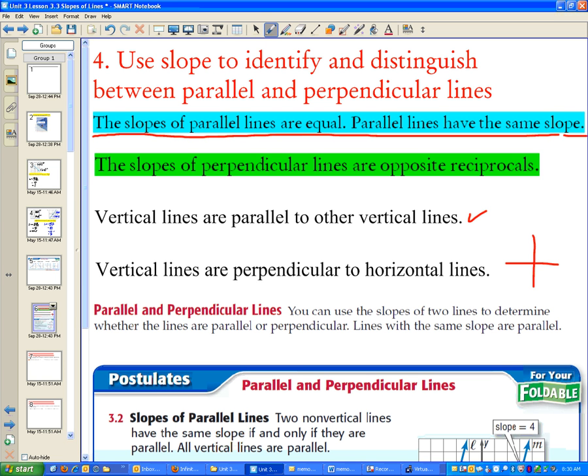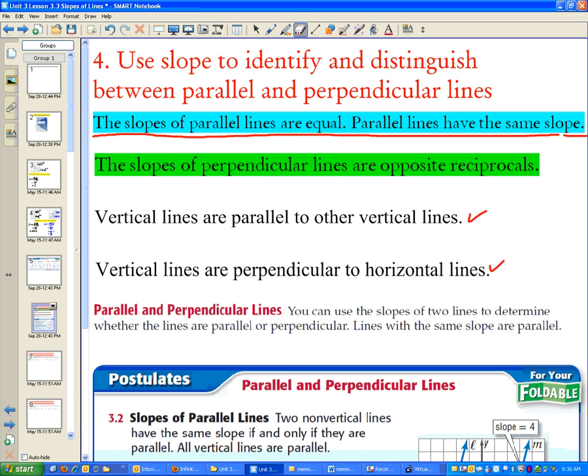Undefined. There's no such thing as the reciprocal of undefined. Okay? So we have to point out these two exceptions dealing with vertical lines. But they're fairly simple to remember. I mean, what else would you expect a vertical line to be parallel to? Right? And what else would you expect a vertical line to be perpendicular to besides a horizontal line? So these are things you would have figured out on your own, but I needed to point those out to you.